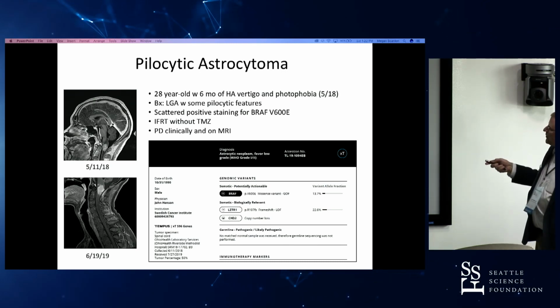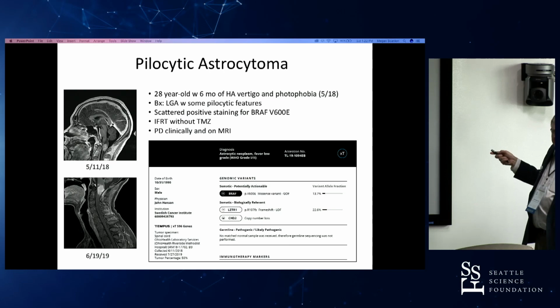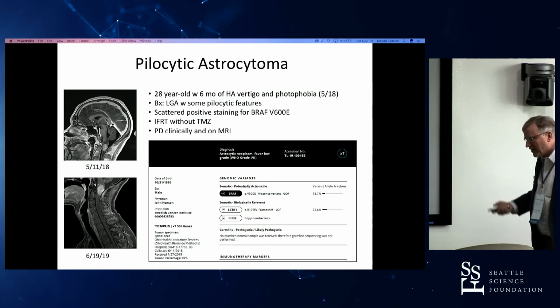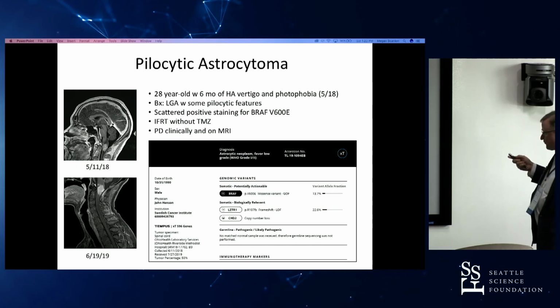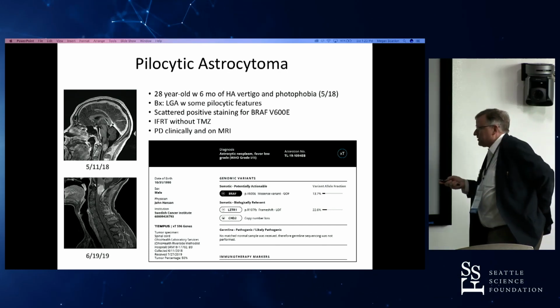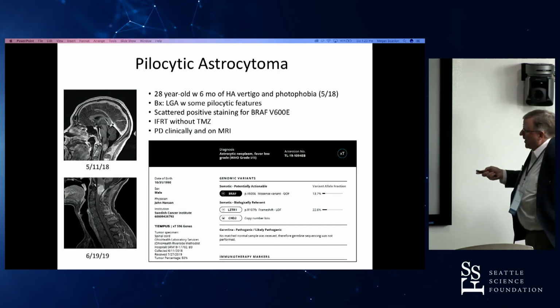So the thing about staining for BRAF is that it's not a very robust way of detecting mutation. Most people would rather have a mutation analysis at the DNA level. So I got his tumor tissue, sent it off to Tempus, and got back a missense gain of function mutation at V600E.